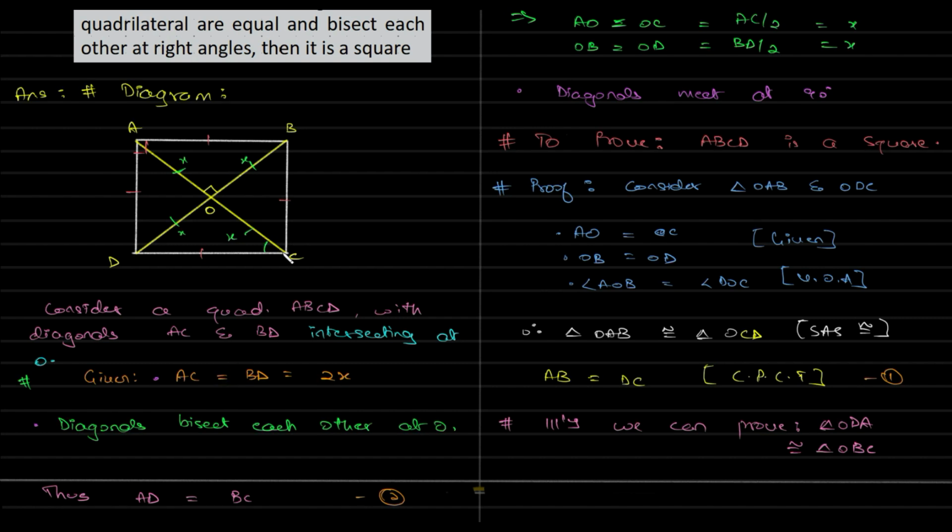Well, we have this particular angle. If I call this as, say, theta, this is also theta. Why? We just proved that. So these two are theta. Since this is 90, these two will add up to 90 degree.